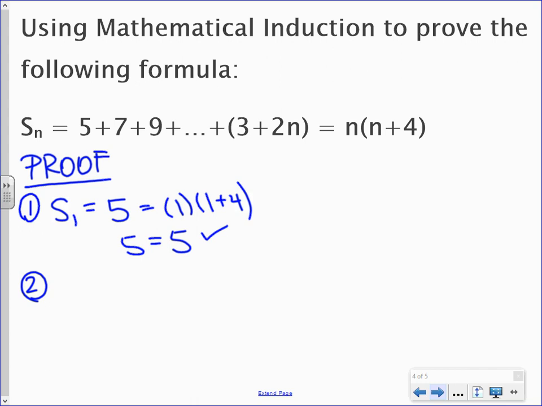Number 2. What word do we start out with? Assume. It's like the one time you get to assume in math. It's great. Why do you have to say assume? Because we don't know for sure if it's true or not. So let's assume that it's true. Doesn't make the next one true.